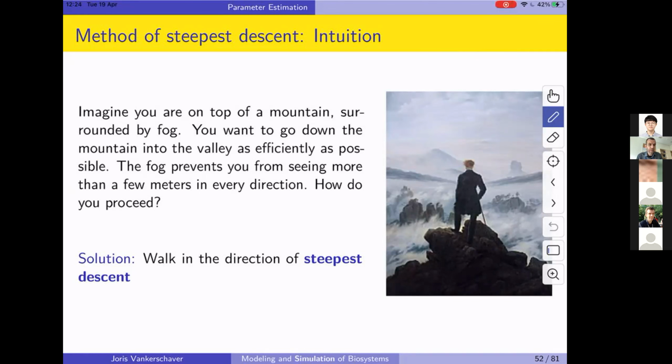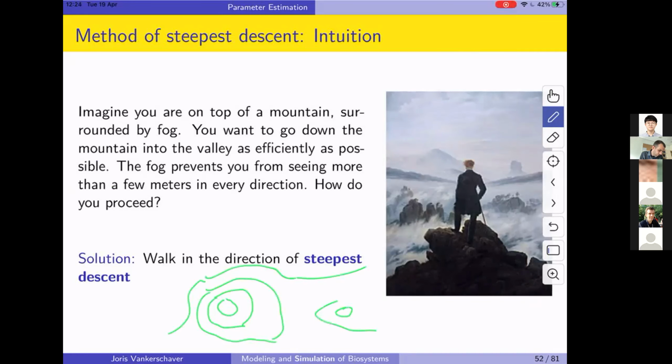whatever the circumstances. You can also see this if you look at a map. Typically for a topographical map, you have contour lines like this. Your map might tell you something like this, and then you may have another peak here.